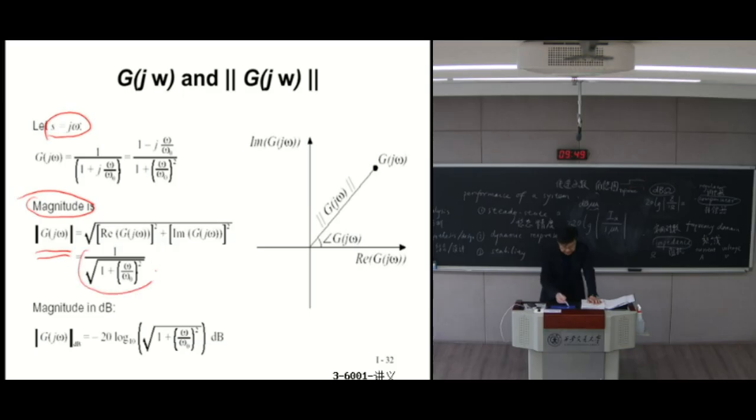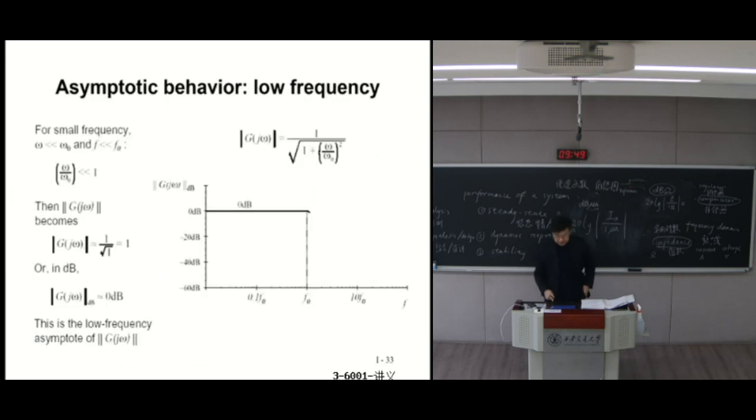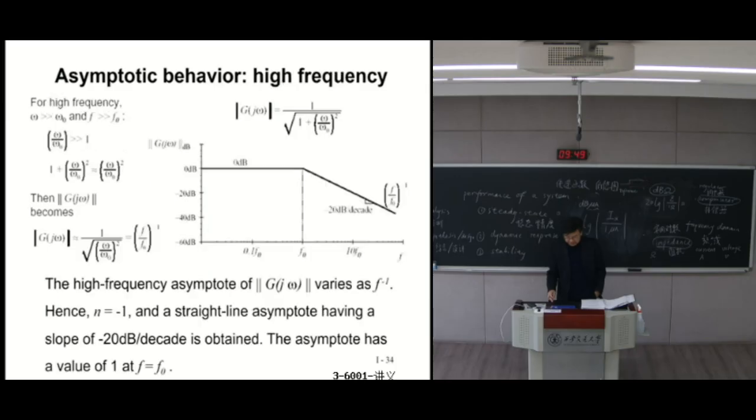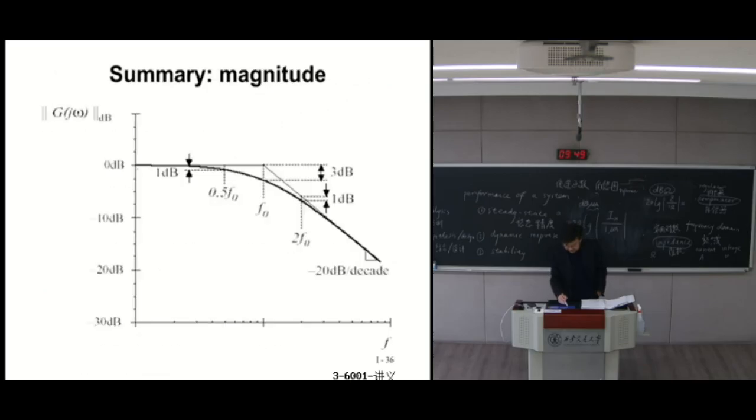It's going to be finally in this form, and then taking the dB scale, you would be able to draw the Bode plot. Similarly for the phase angle. This is going to be the exact Bode plot of the magnitude of the single pole.